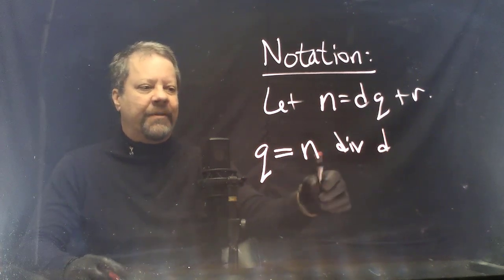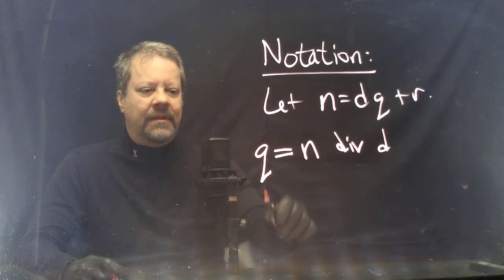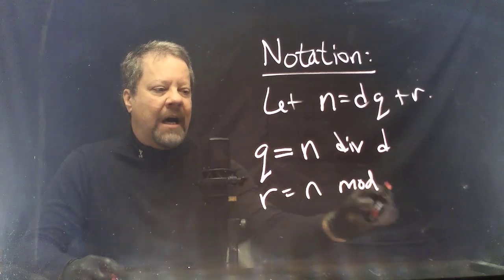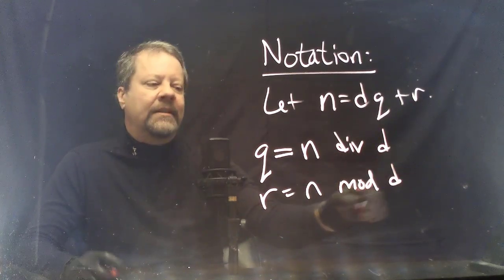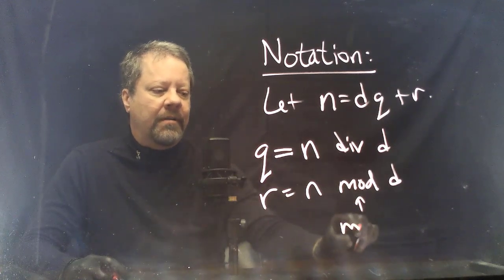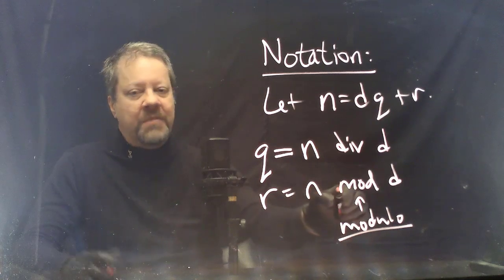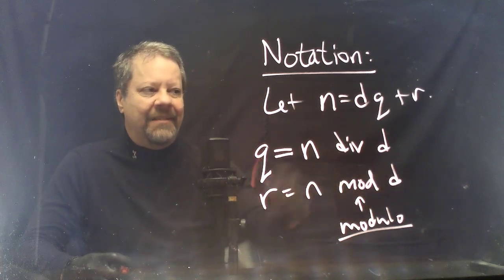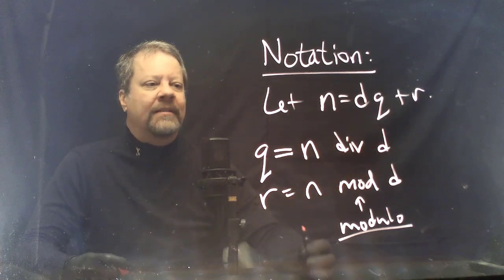So q is the number of times that d goes evenly into n. Also, r will be n mod d. So the modulo is this word. And we usually just abbreviate it by saying mod. So n mod d will be the remainder, n div d will be the quotient for this division algorithm.